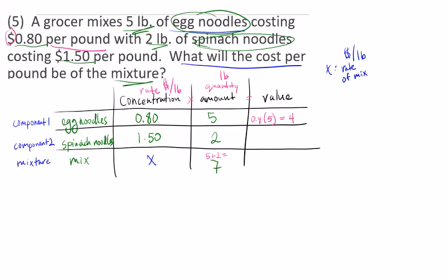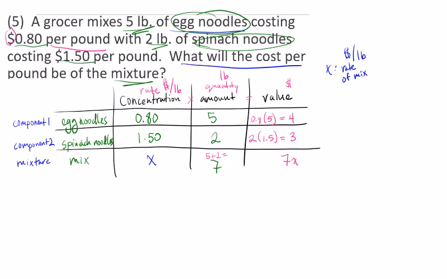So our value in this case is in dollars. Same thing here. If we multiply 2 pounds times $1.50 per pound, that'll equal $3, right? And then our mix is X dollars per pound times 7, so that's going to be 7X.